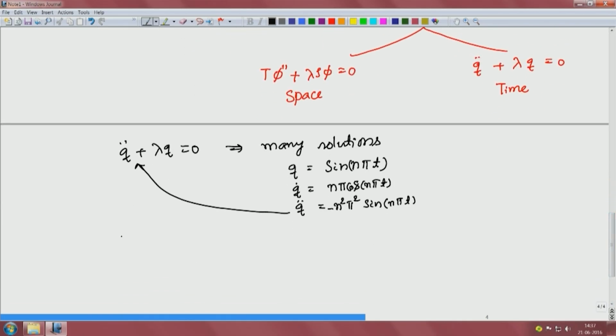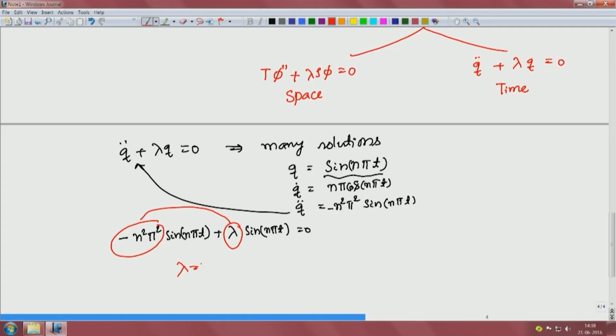Now, if you substitute this back in there, q double dot, minus n square pi square sine n pi t, plus lambda, what is q? Sine n pi t, that is equal to 0. Then you find that this lambda is equal to n square pi square, that is when it will be 0.